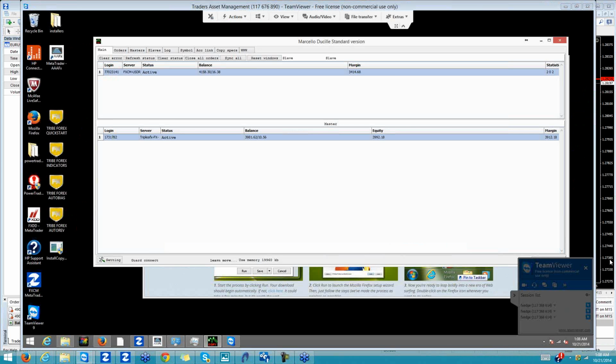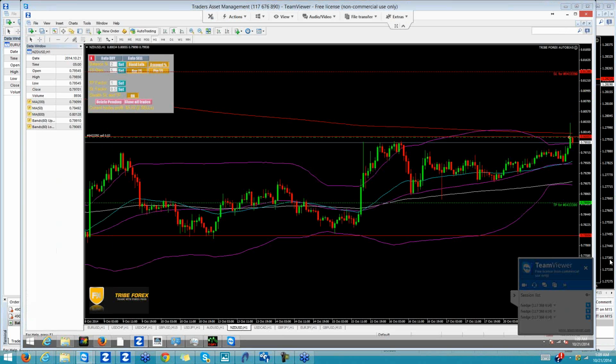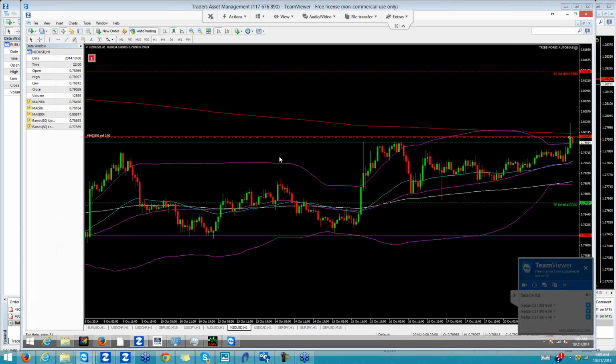All right, so we're actually in several of those trades. I'm going to show you that. This is on a different platform, and what it does is it just sends out to our different accounts here. So you can see them here. New Zealand dollar got in at 0.8005.